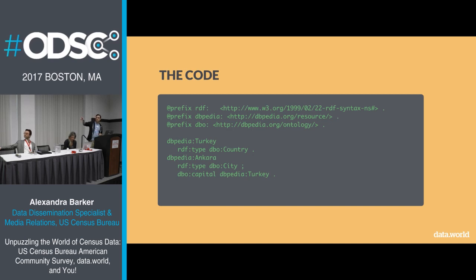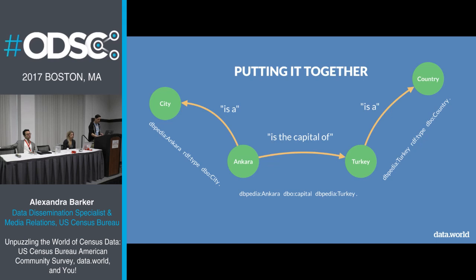And so you would then just refer to them followed by a colon, and then that basically makes the identifiers for each of these resources. So DBpedia colon means http://dbpedia.org/resource/, right? And then followed up with Turkey. So we have Turkey, that's of type country, Ankara, which is of type city, and is also the capital of Turkey. Easy, right? So putting it all together, this is what that knowledge graph looks like.